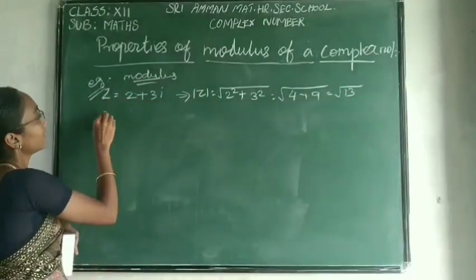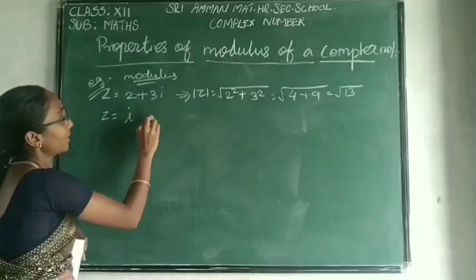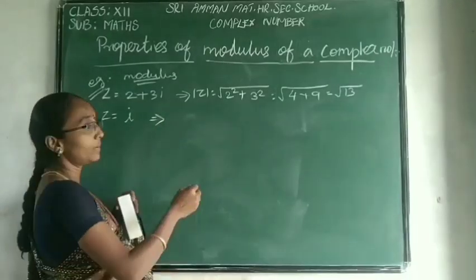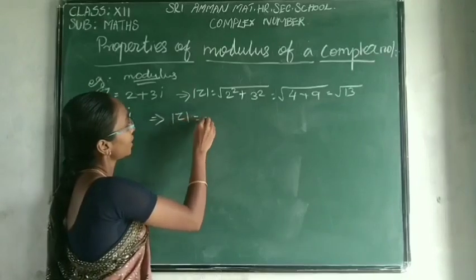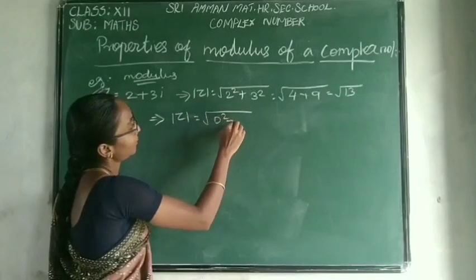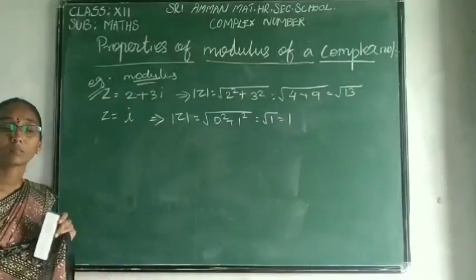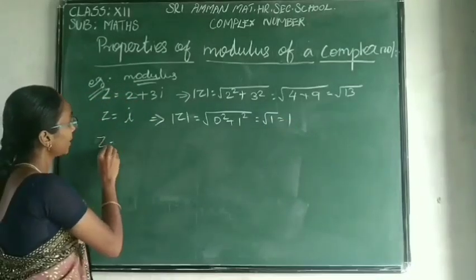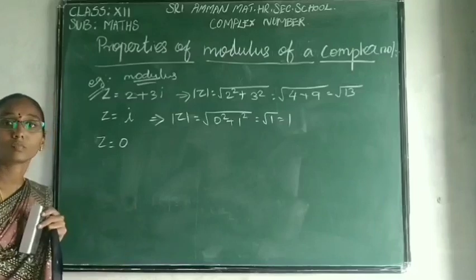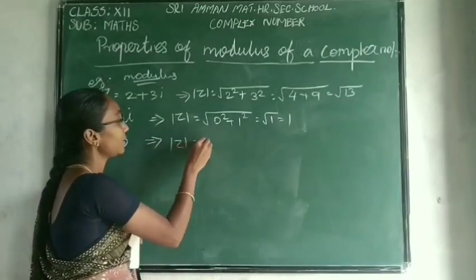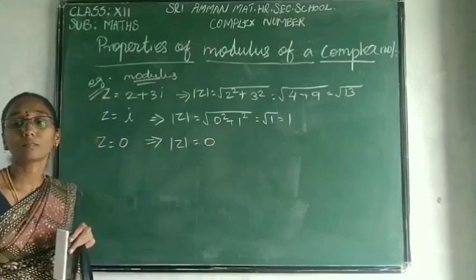Then z equals i only. There is no real part, only the imaginary part, so modulus of z equals root of 0 squared plus 1 squared, which is root 1, that is 1. Then z equals 0, so modulus of z equals 0.